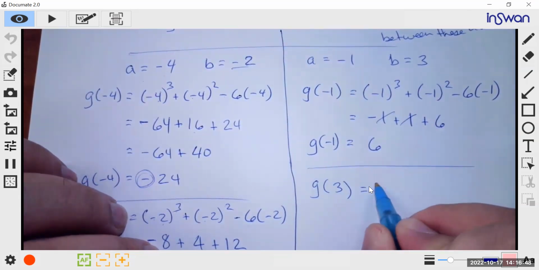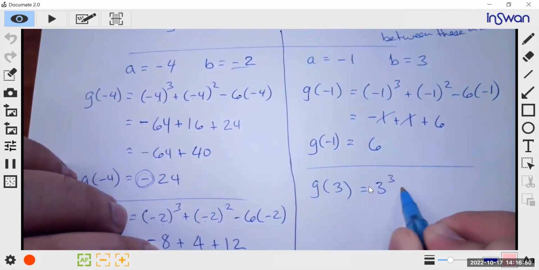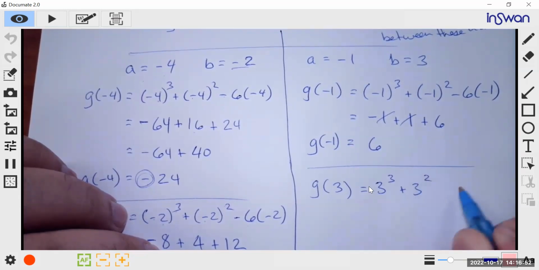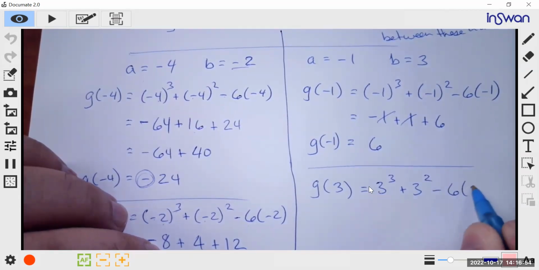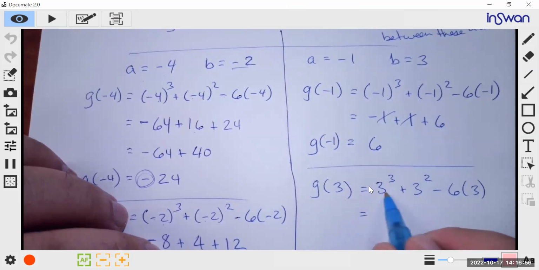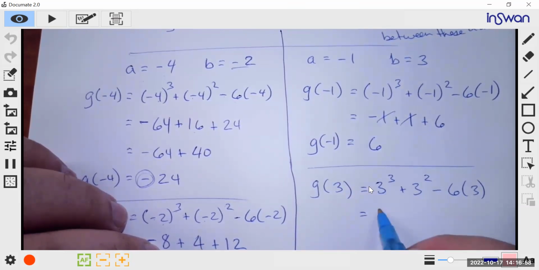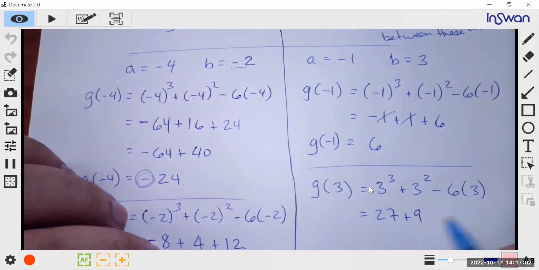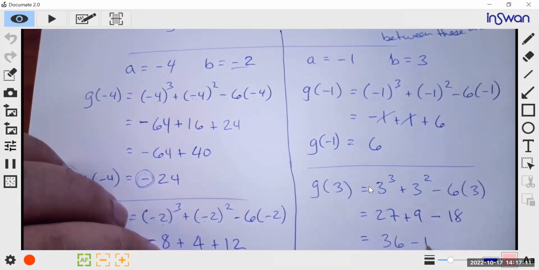At 3, 3 cubed is 27. 3 squared is 9. Minus 6 times 3 is 18. 36 minus 18 is 18.